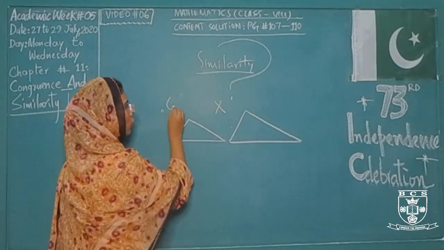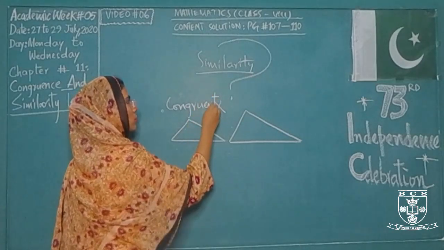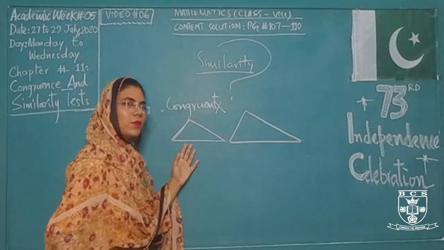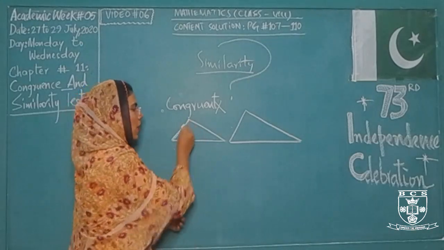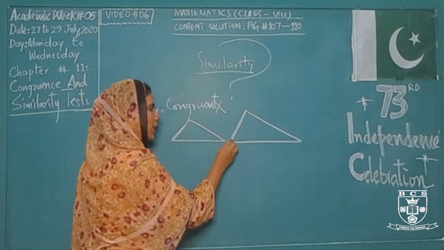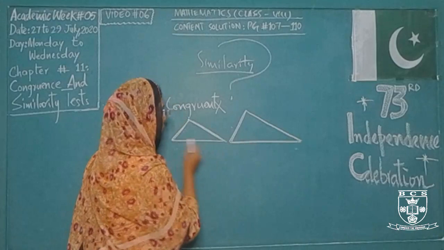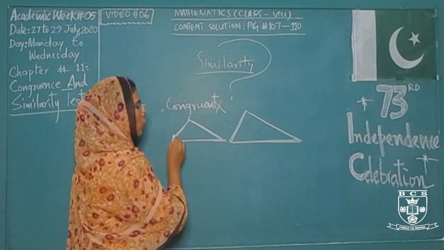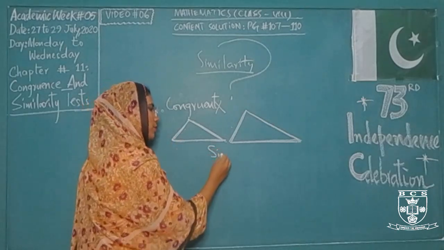No, they are not congruent. Why are they not congruent? Because their measurements are different. This side is smaller, this side is greater, this side is again smaller, this side is more in measurement, and this one side and this one side are almost similar. So they are not congruent triangles, but they are similar.